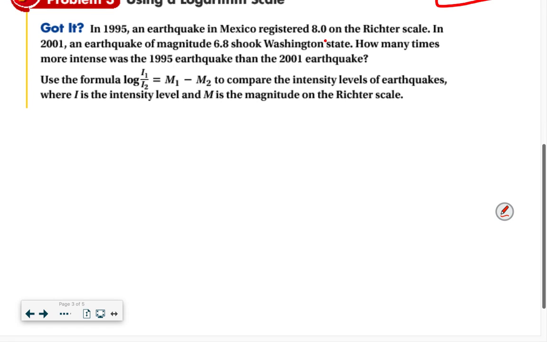Yeah. I got 8 and 6.8. So log. I'm just going to say log of x because we don't know what our intensities are, right? Right? Okay. Do I want to put the 8 first or the 6.8 first? 8. So 8 minus 6.8.